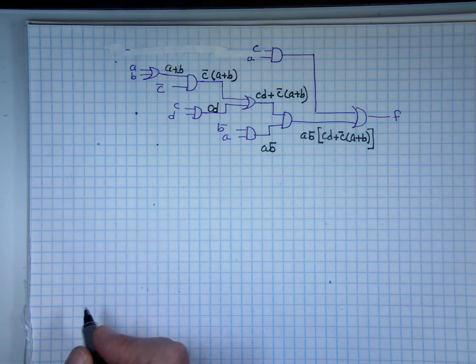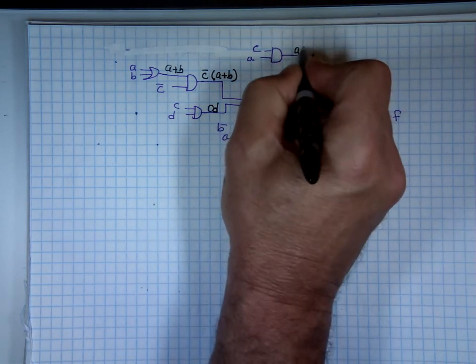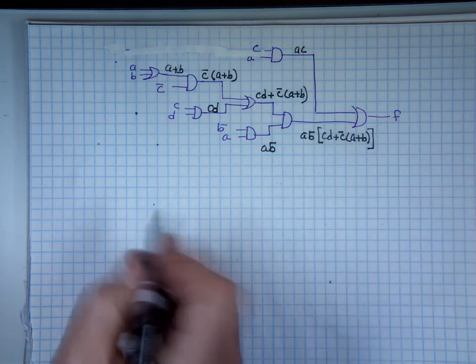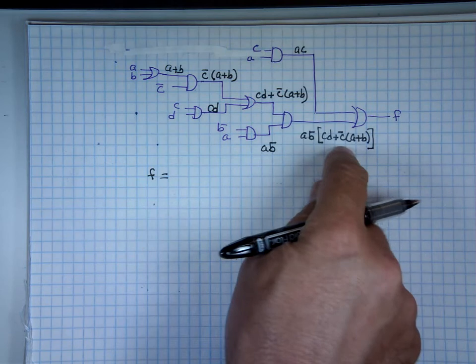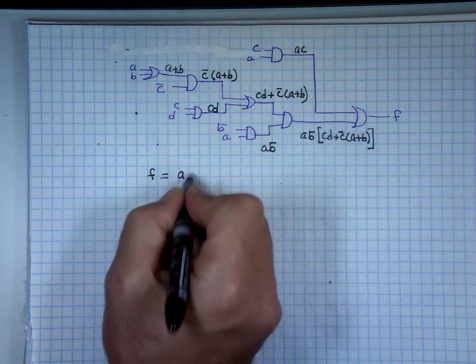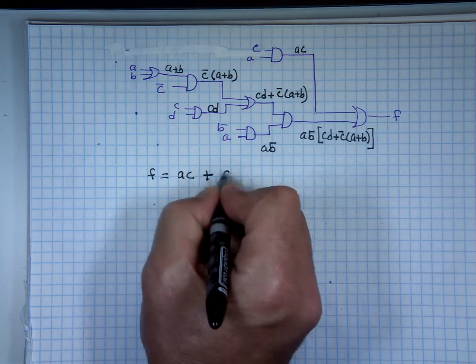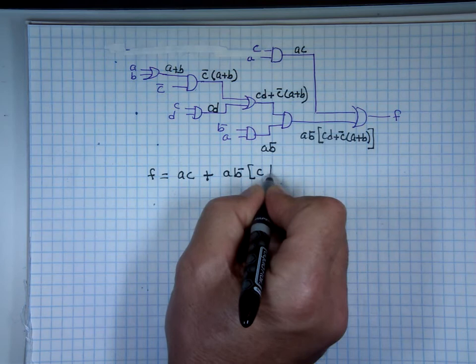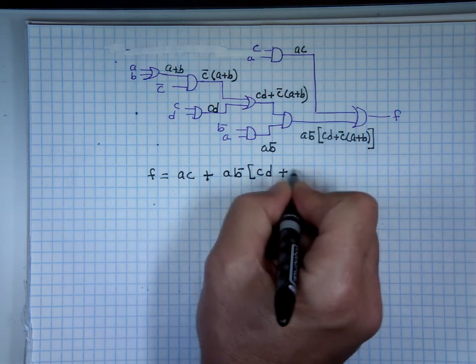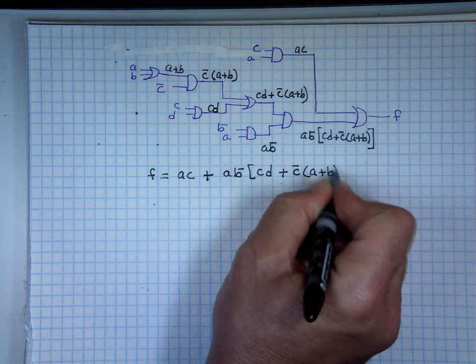That's an AND gate. That's AC. So what is my F here? It's the OR gate, the addition of this and this. So it's AC plus A, B bar, times CD plus C bar times A plus B.